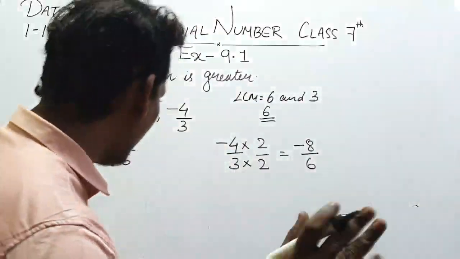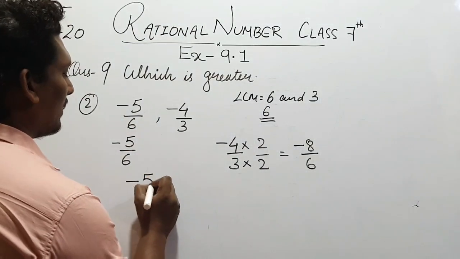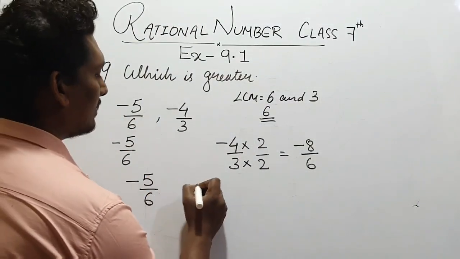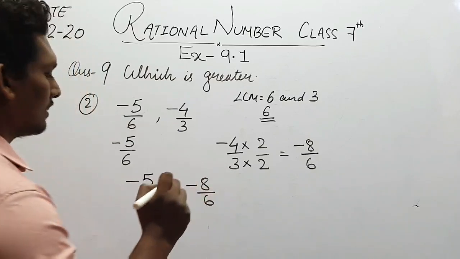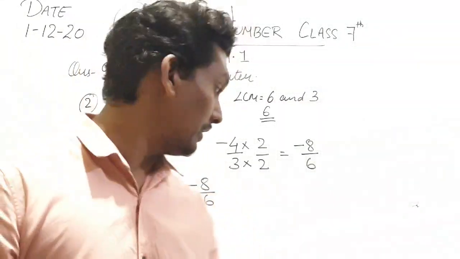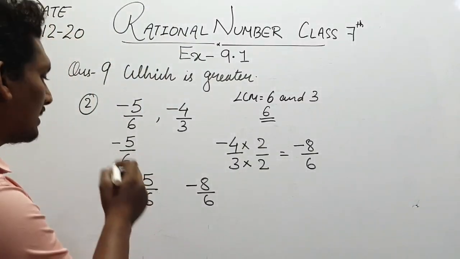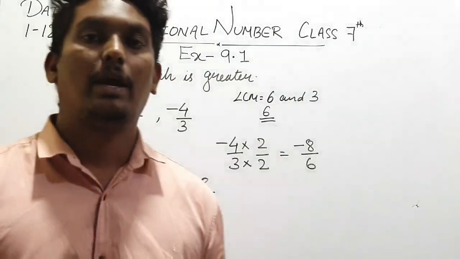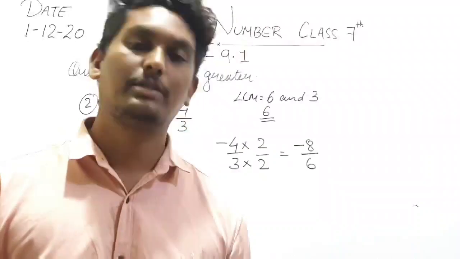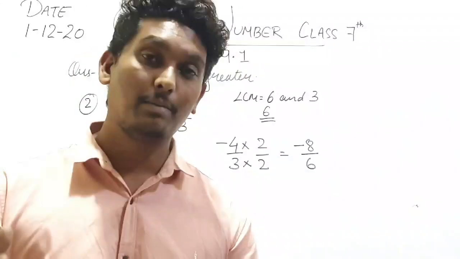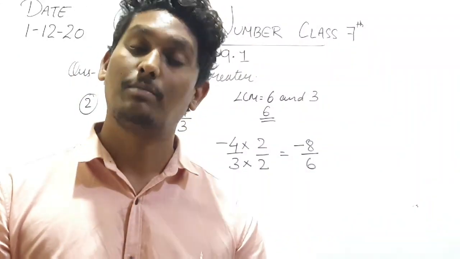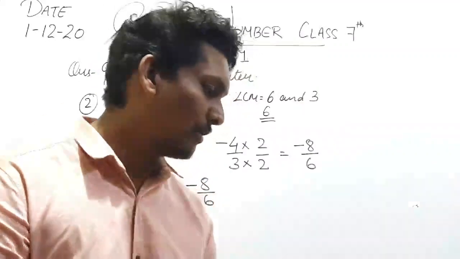So here we have minus 5 by 6 and minus 8 by 6. The denominators of both rational numbers are the same. We have minus 5 and minus 8. In negative numbers, the greater numbers are always smaller, always smaller.